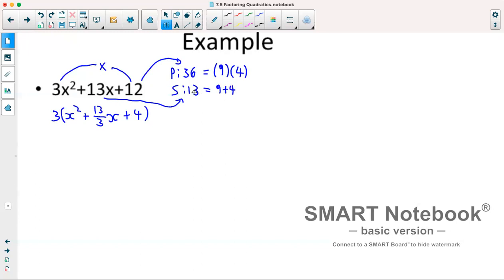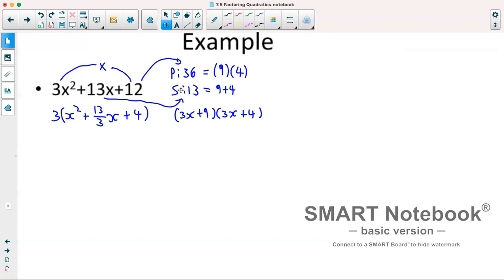Now, one way our modified product sum is different from our regular product sum is whatever number is in front, we'll start each of our brackets with. So we'll start each bracket with 3x. So we have 3x plus 9 and 3x plus 4. Now, if we FOILed this out, we'd have 9x squared.